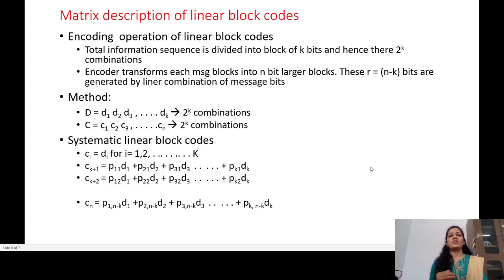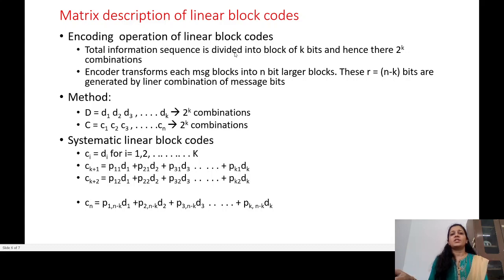Suppose it is having 1000 bits, then those 1000 bits may be divided into say 100 blocks. So if I am dividing 1000 bits into 100 blocks, then each block will have 10 bits and those 10 bits are nothing but the value of k here.